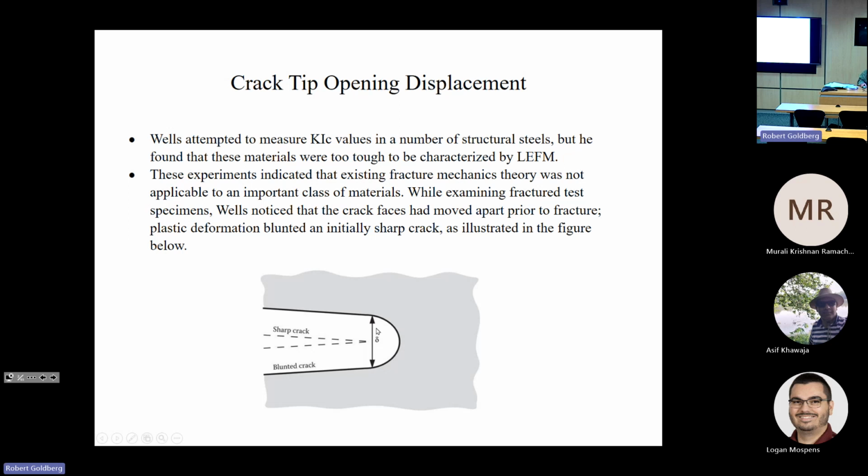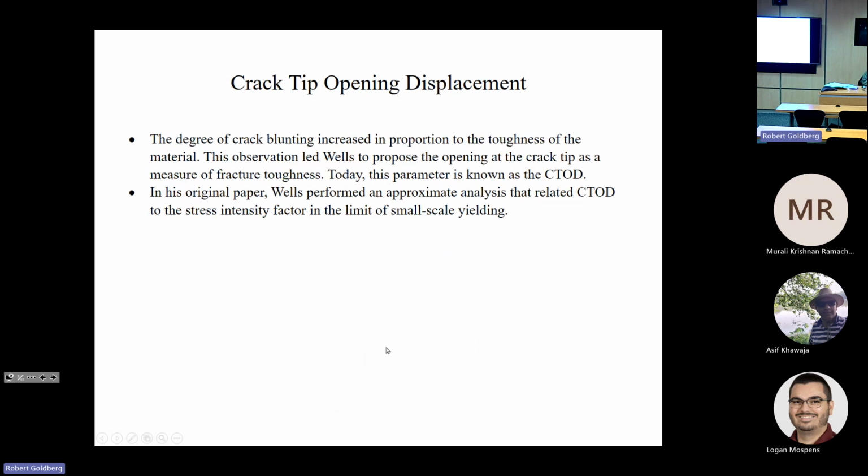And the amount of this crack tip blunting increased in proportion to the toughness of the material. So Wells proposed this opening at the crack tip as a measure of fracture toughness, and today it's known as the crack tip opening displacement, or CTOD.